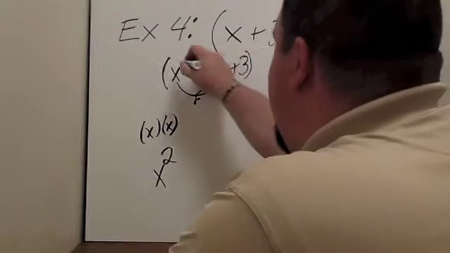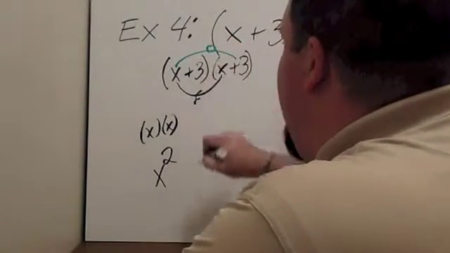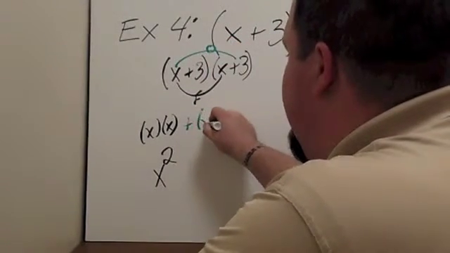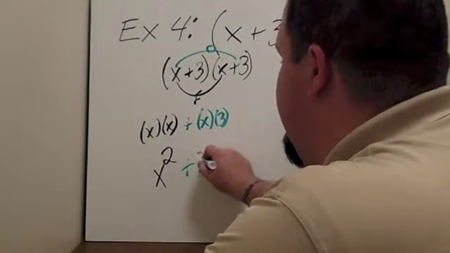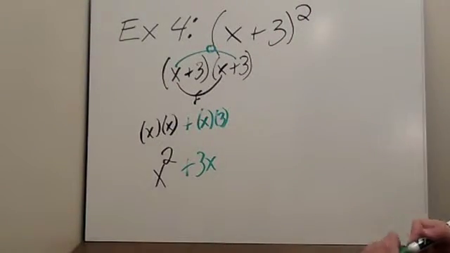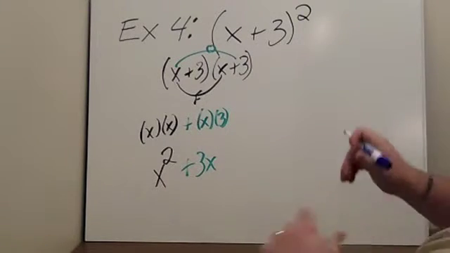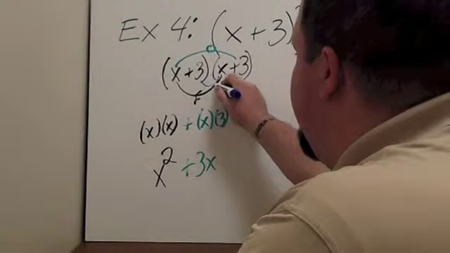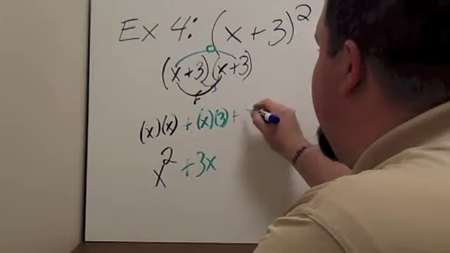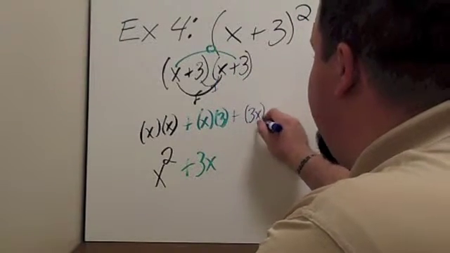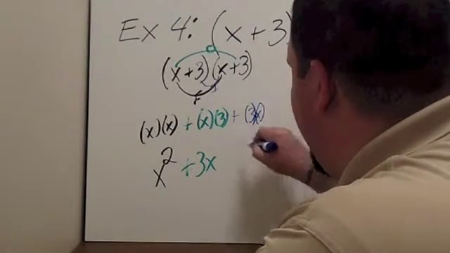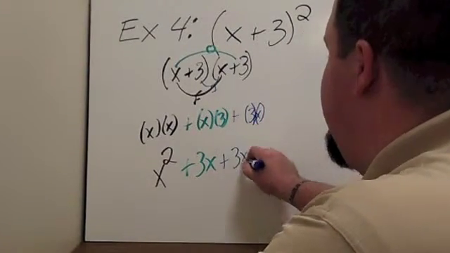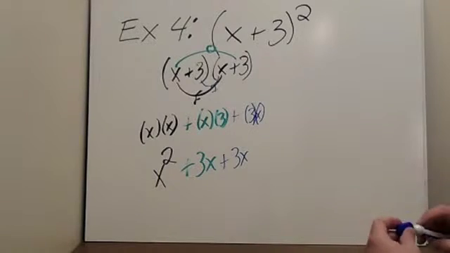I multiply my outer terms, x times 3, which is 3x. My inner terms, which is also 3 times x. Sorry, gotta change my parentheses here. 3 times x, which gives us 3x.